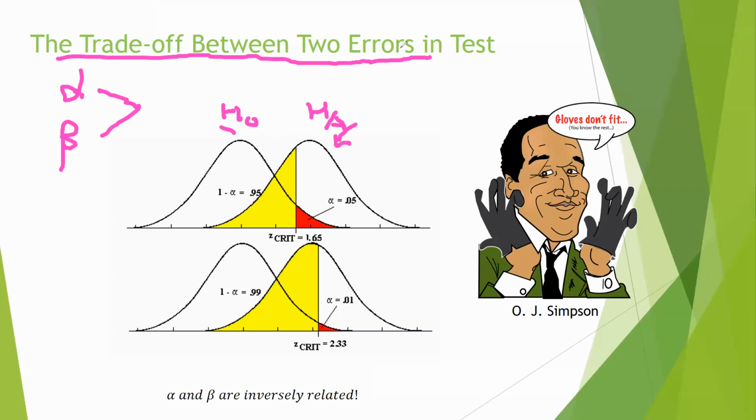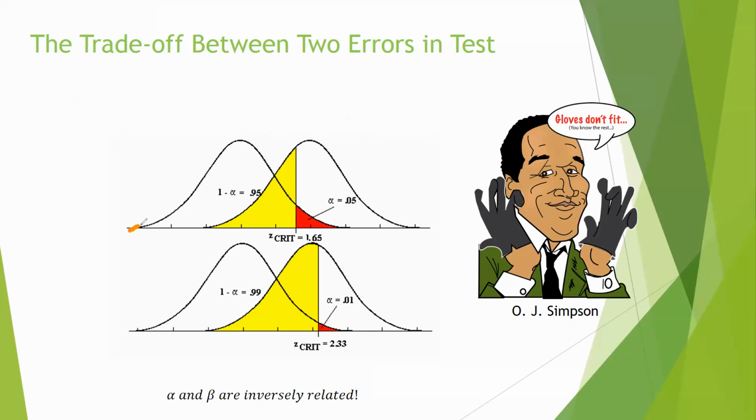Okay, so remember, we always put the null distribution on the left. Based on this null distribution, we're going to find a cutoff here to help us either accept the null hypothesis or reject the null hypothesis, right?